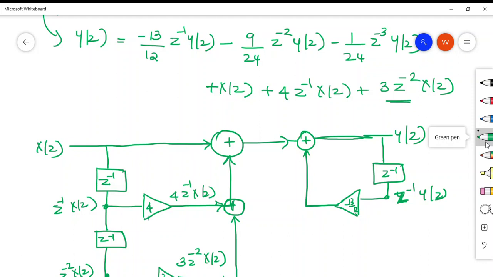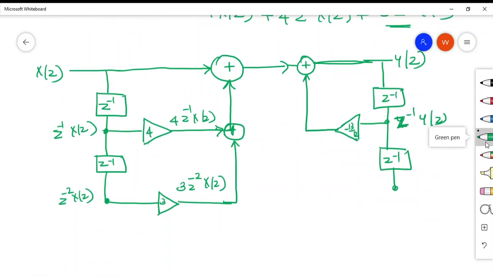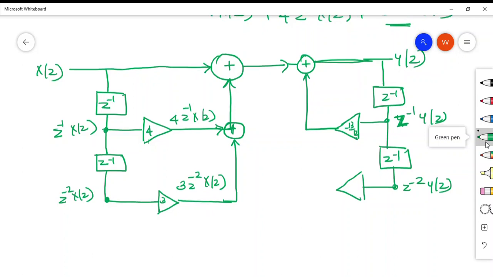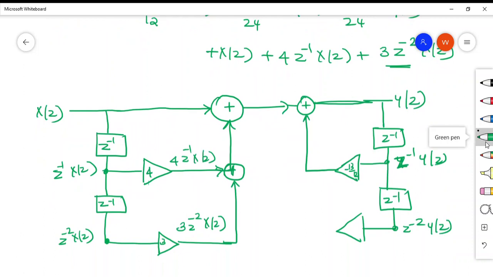Okay. Now next is z raised to minus 2. So one more delay element has to be added. So we have z raised to minus 2 y of z. Now what is the coefficient? The coefficient is minus 9 by 24. Okay. So one more adder has to be given here, and since one more term is there, you will add one more adder.